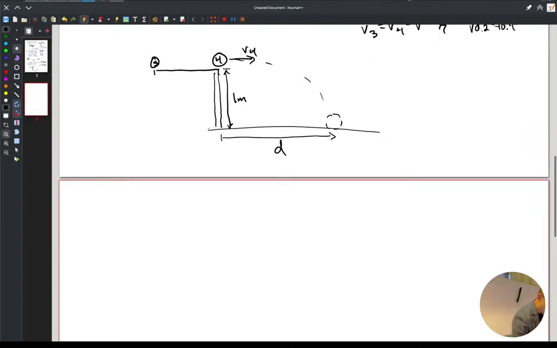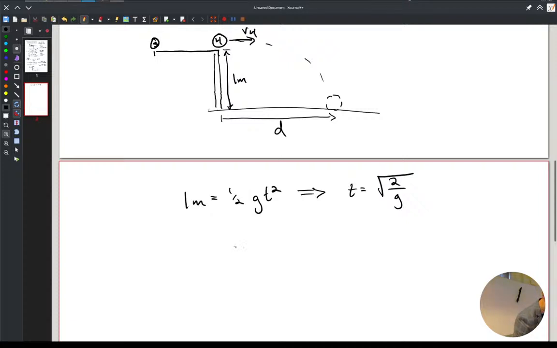Oh, sorry, we're 1 minute over. We've got 1 meter equals 1/2 g t squared. T is the square root of 2 over g, right? I think I'm doing that right.